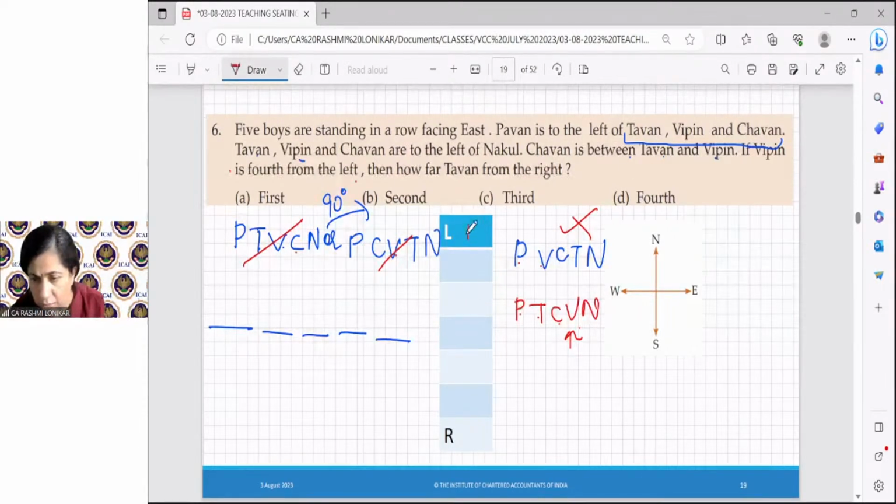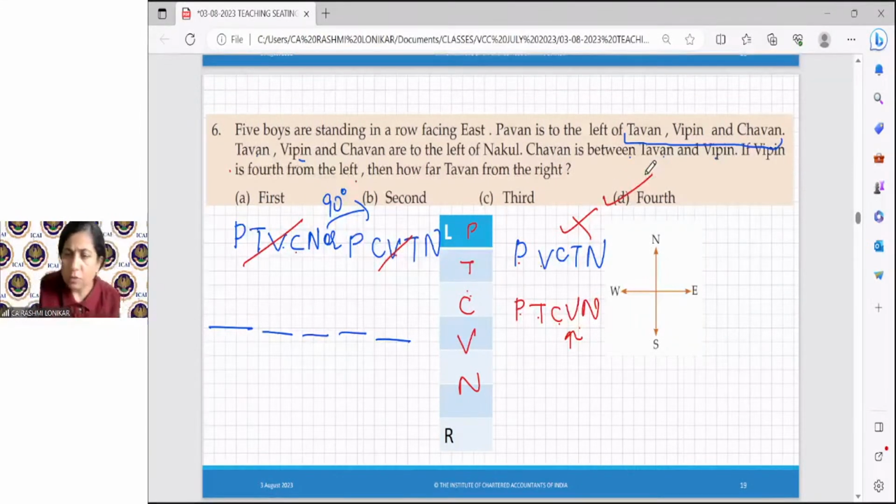I'm writing this as Pavan, Tavan, Chauhan, Vipin, and Nakul: 1, 2, 3, 4, 5. Now what they are saying is, how far is Tavan from the right? From the right, this side: 1, 2, 3, 4th. So he is fourth. This is sixth. So fourth is the correct answer.